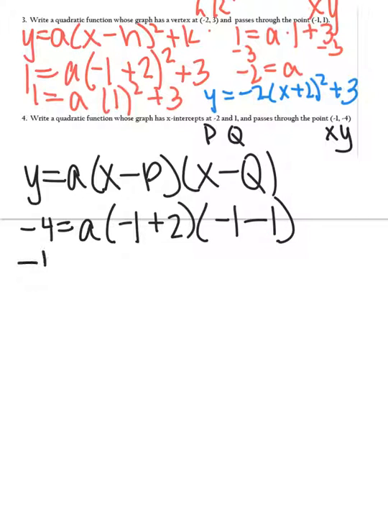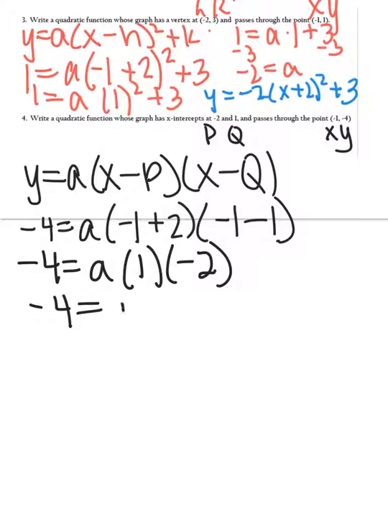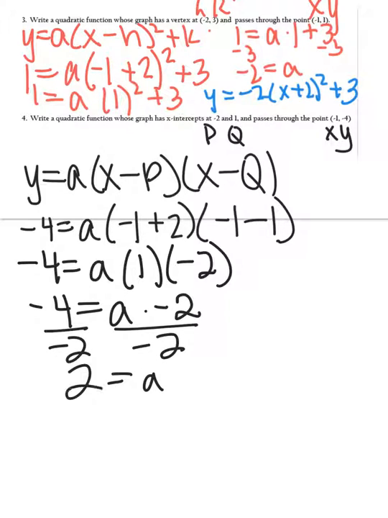Now let's simplify. Negative 4 equals a times negative 1 plus 2 is 1. Negative 1 minus 1 is negative 2. So I have negative 4 equals a times negative 1 times negative 2 is negative 2. Divide both sides by negative 2, and a equals a positive 2. So, let's see if I mixed up a sign there.